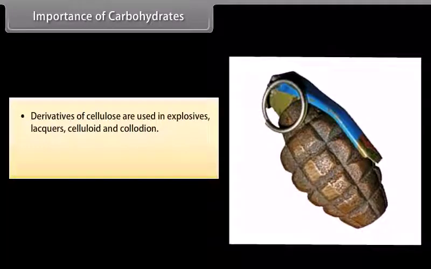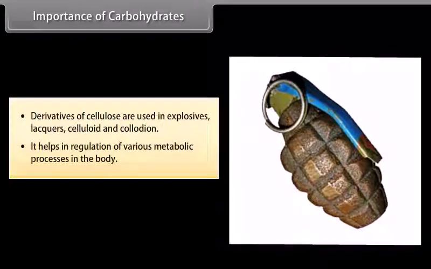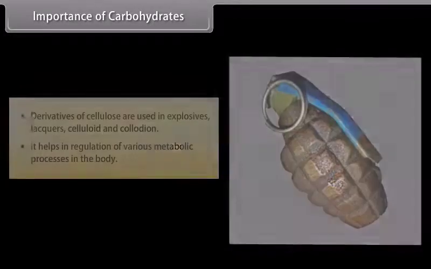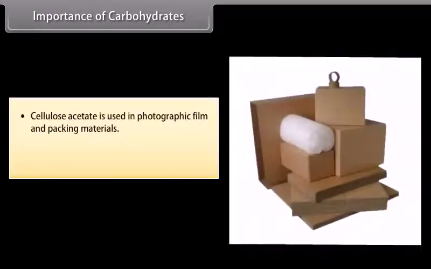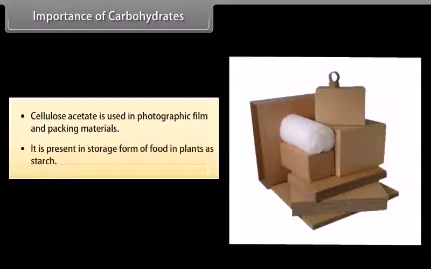Derivatives of cellulose are used in explosives, lacquers, celluloid, and collodion. They help in regulation of various metabolic processes in the body. Cellulose acetate is used in photographic film and packing materials. It is present in the storage form of food in plants as starch.